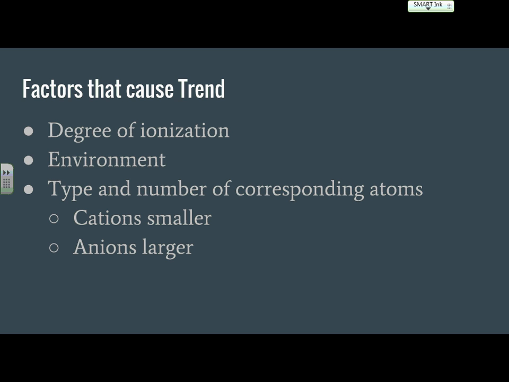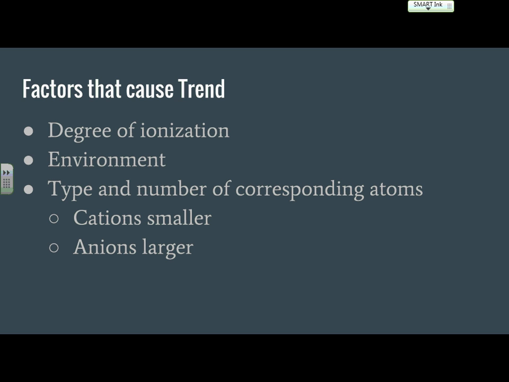So the degree of ionization affects the ionic radius. The environment also affects the ionic radius, because depending on the type of environment it can change. She means the number of electrons lost.